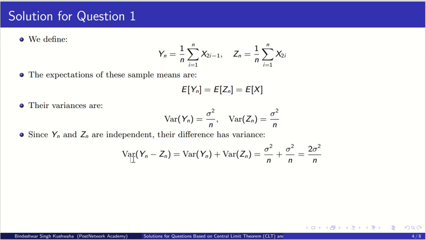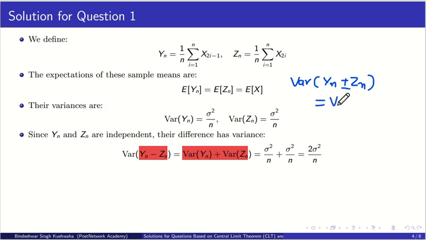See that the variance of yn minus zn would be the variance of yn plus the variance of zn. Remember that the variance of yn plus or minus zn will always equal the variance of yn plus the variance of zn.